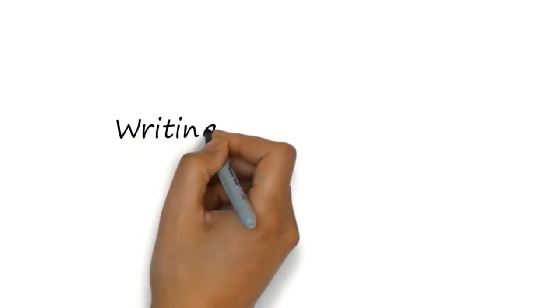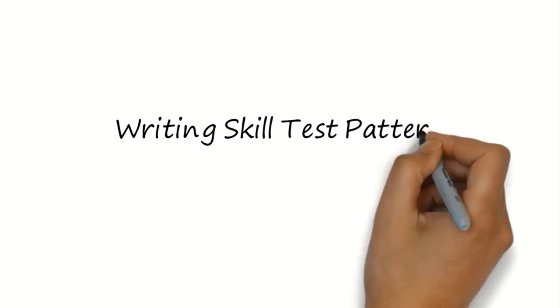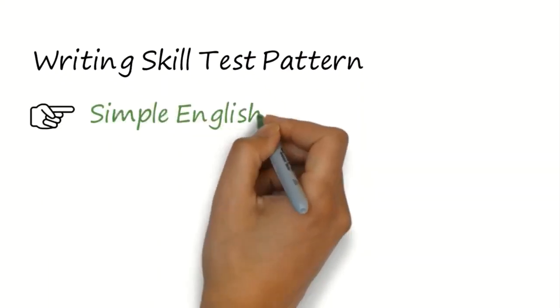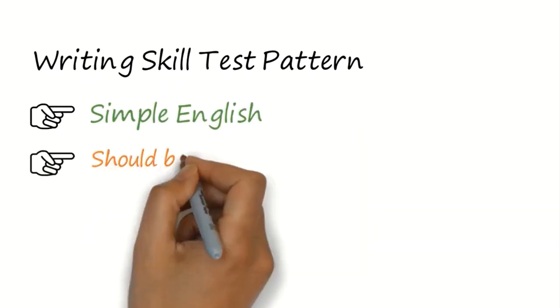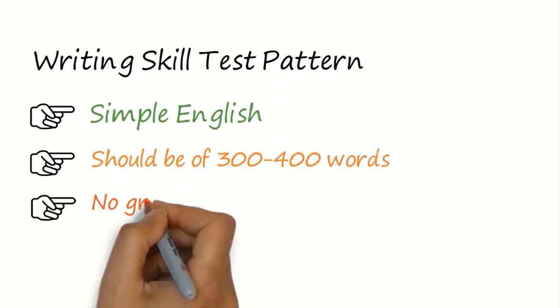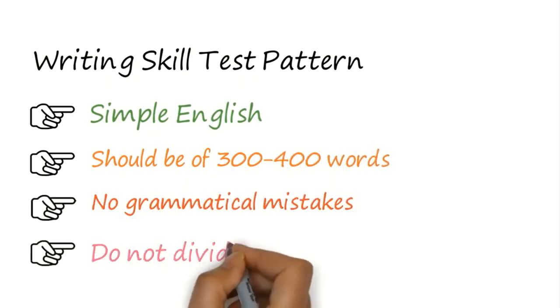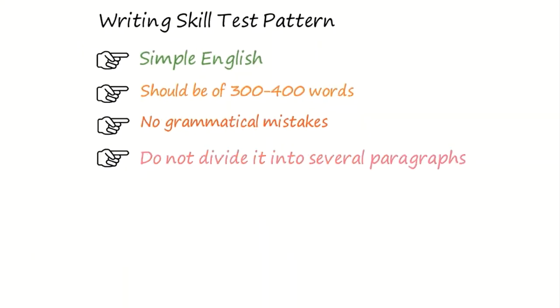So let me tell you the pattern and structure that needs to be followed to clear the writing skill section. It is always advisable to write the essay in simple English with short sentences. It should be within 300 to 400 words with no grammatical mistakes, and do not divide it into several paragraphs.